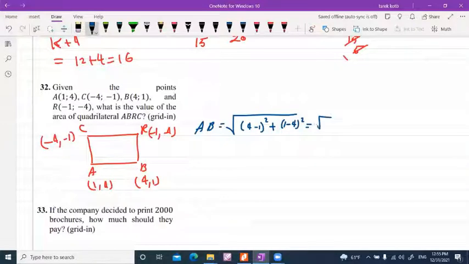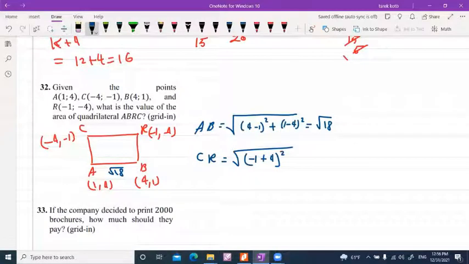This is AB. Now CR: negative 1 plus 4 squared plus 4 plus 1 squared. That also gives me root 18. So they are the same.